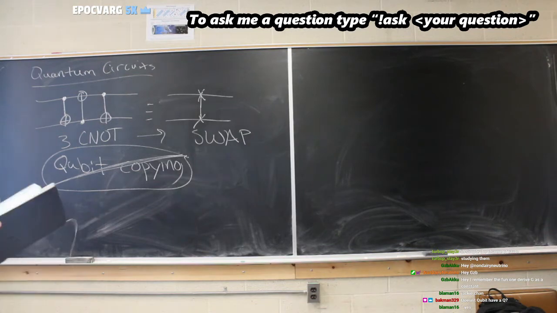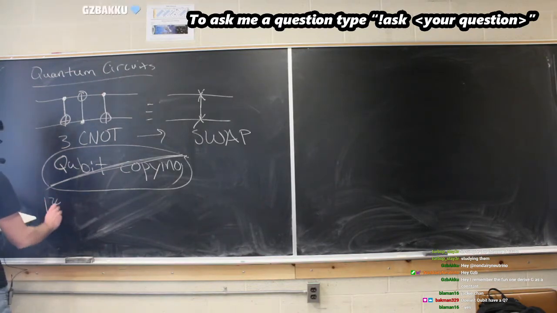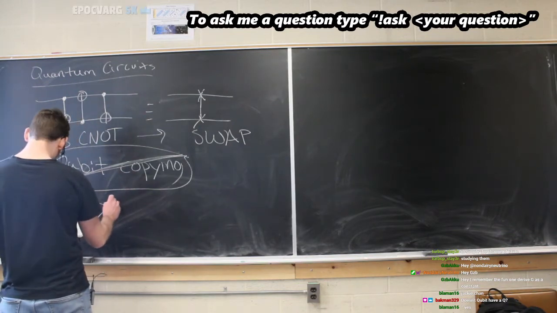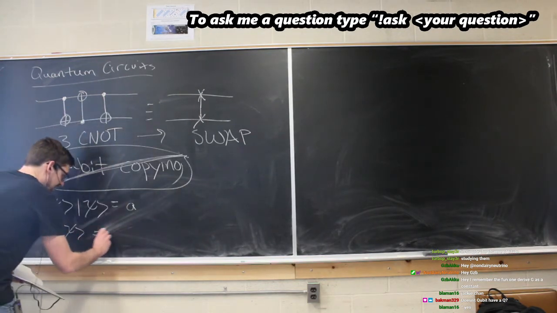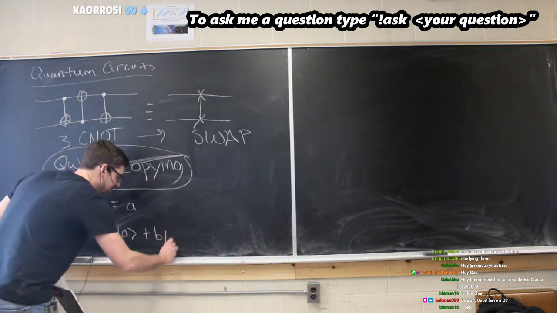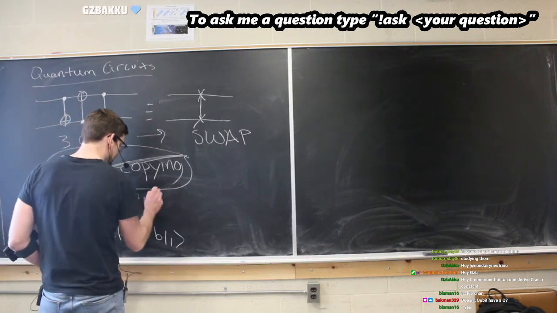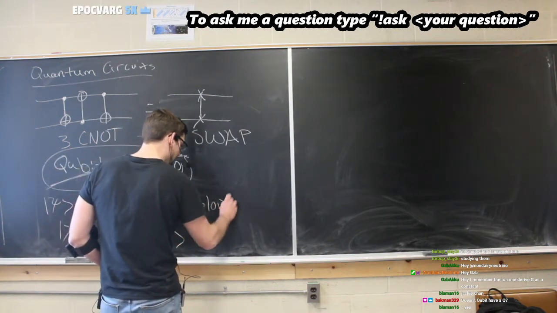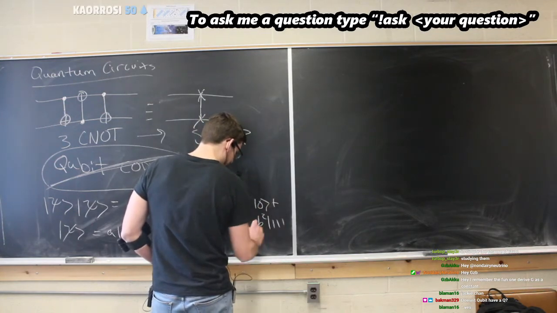Okay. And so the no cloning theorem, very popular in quantum information and trying to understand quantum information inside of black holes. I don't know how that works. We showed a little bit of math for that: if you had two psi's, where psi is given as a times 0 plus b times 1, then it was a squared times the state 00, plus ab times the state 01, plus ab times the state 10, plus b squared times the state 11.